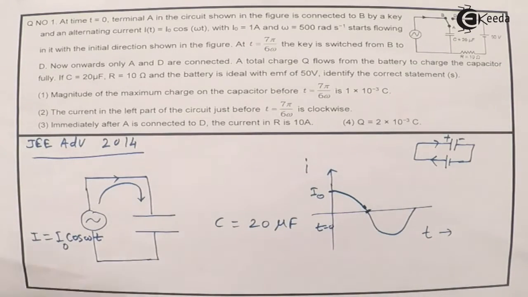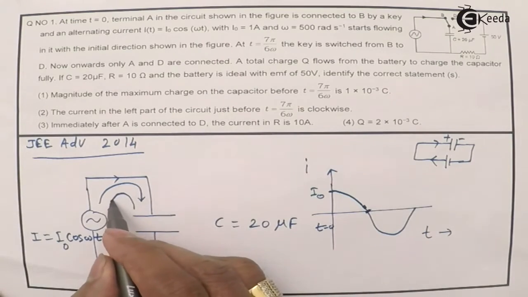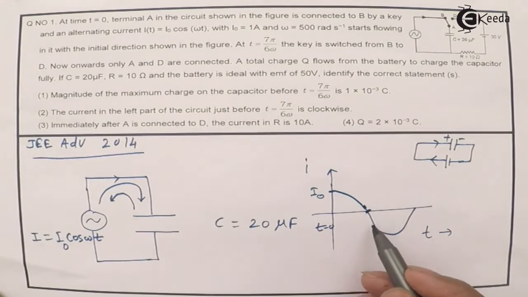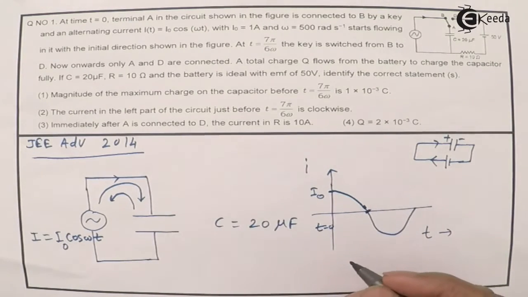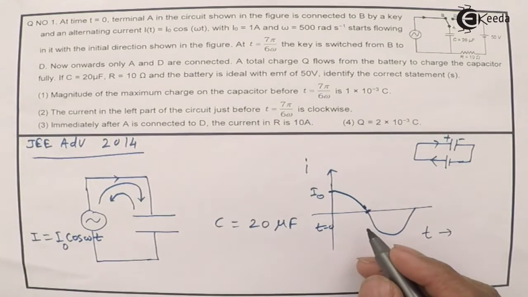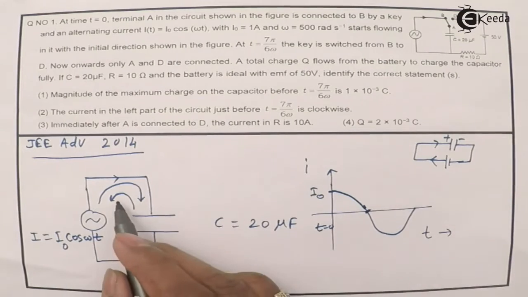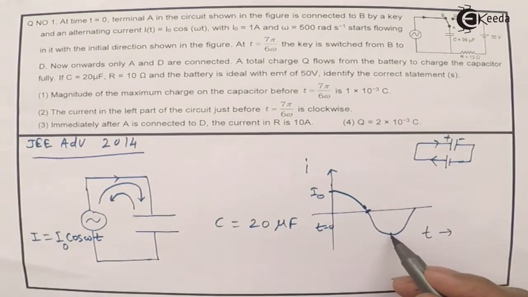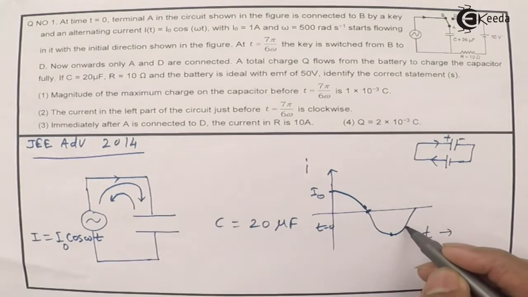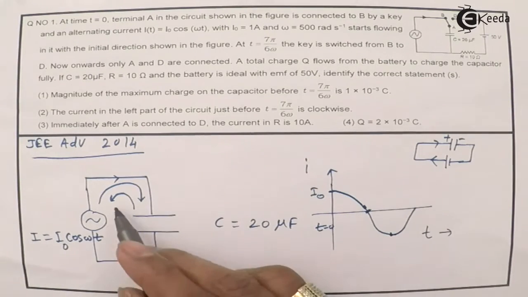The current will be in this direction. After what time? After 1/4 of the total time, that is pi by 2 omega, 0.5 pi by omega. Then after that it will be anticlockwise and attain a maximum current in this direction, negative here. Then it will start decreasing, but in the negative sense.